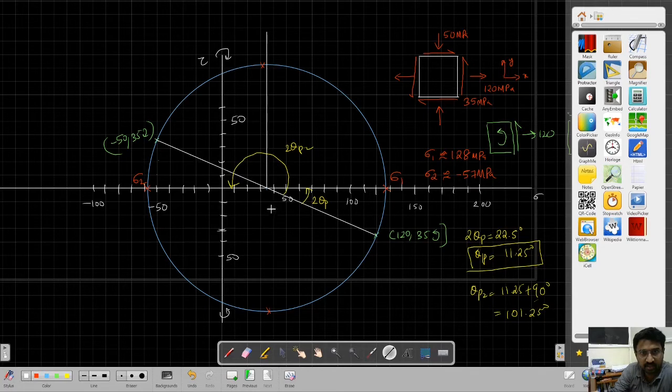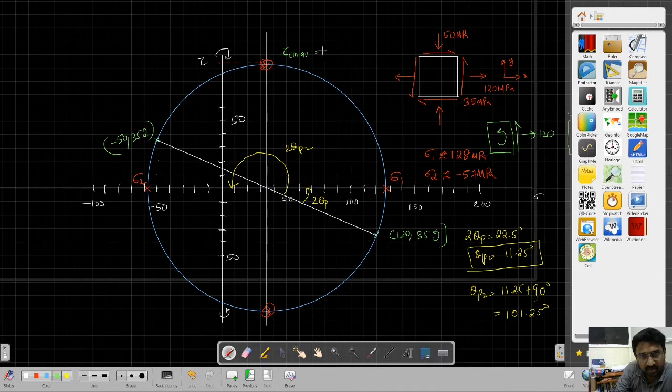So those points are actually here, this and this. So this is the maximum shear. You can observe this value. What is this value? This will be equal to the maximum value of shear.